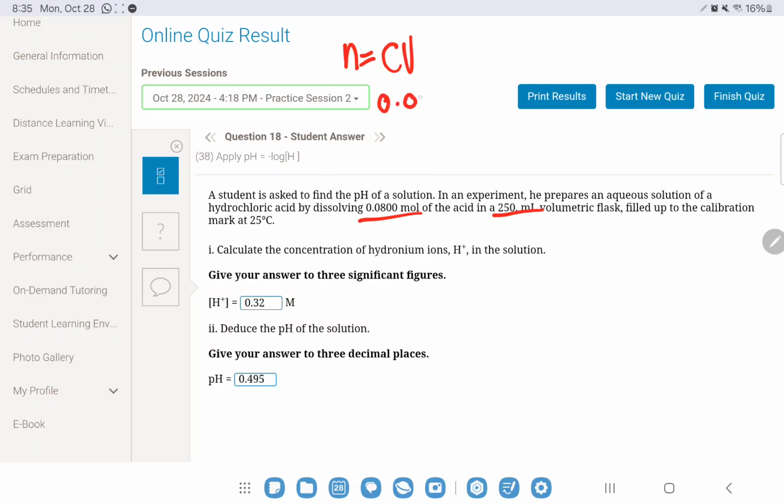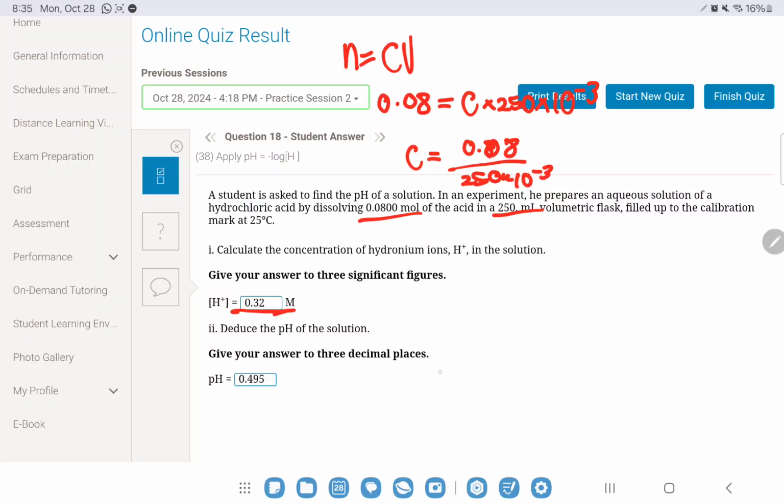So 0.08 equals C times V, and V is 250 times 10 power negative 3. So C equals 0.08 divided by 250 times 10 power negative 3. You're going to get 0.32.